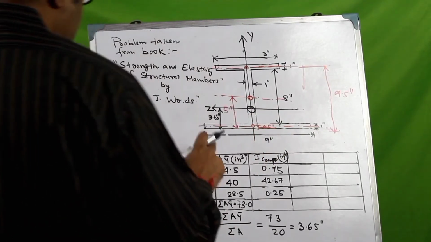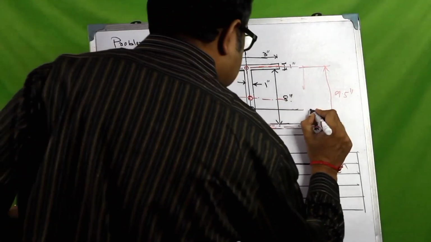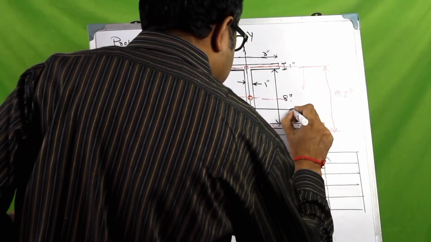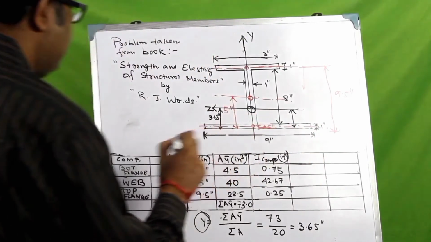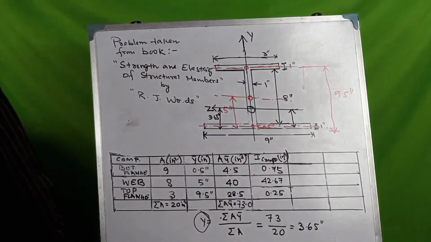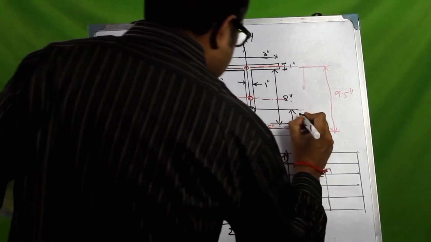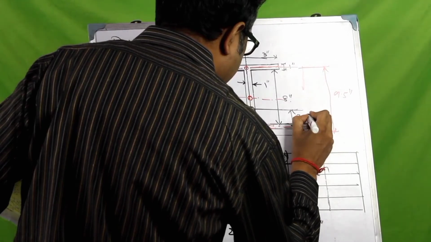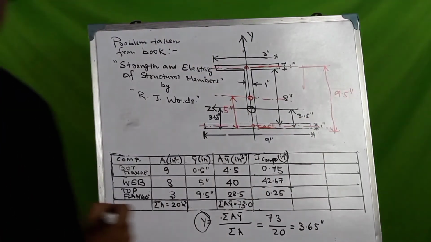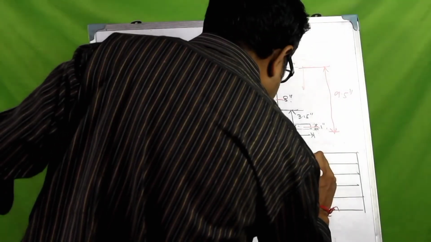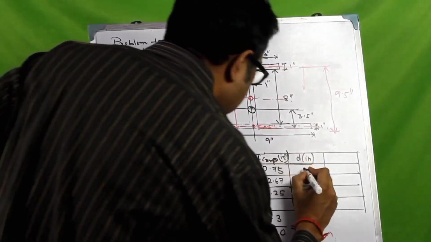So minus 0.5 will give the distance between this axis and this axis. That is what we intend to find. So that would be 3.65 inch minus 0.5 inch. So this would be 3.15 inch for the bottom flange.